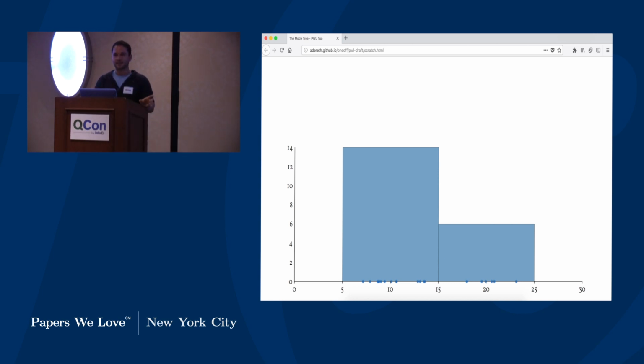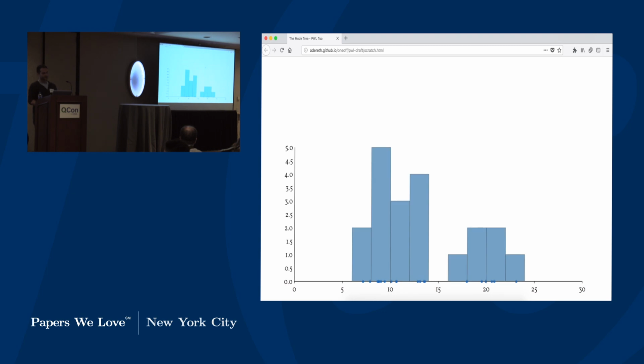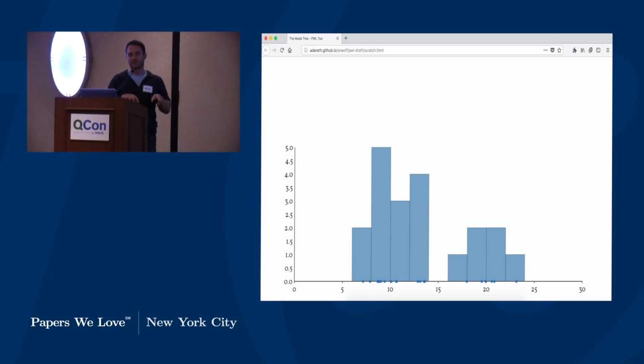We started shrinking the bucket sizes, and things got better than that initial histogram. Let's shrink them some more, and we get this histogram. Now, I generated this data. It's synthetic data, and I happen to know that it came from a mixture of three normal distributions. So the fact that we've got three local maxima here is good, but we couldn't really know that a priori.